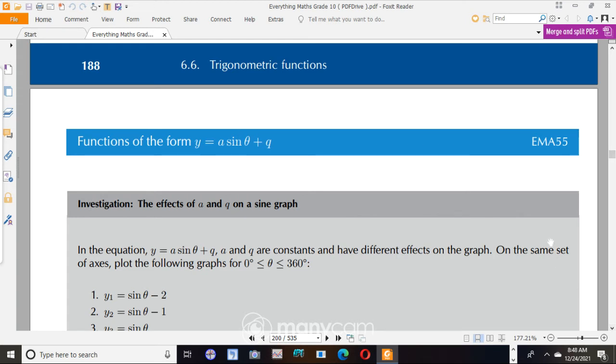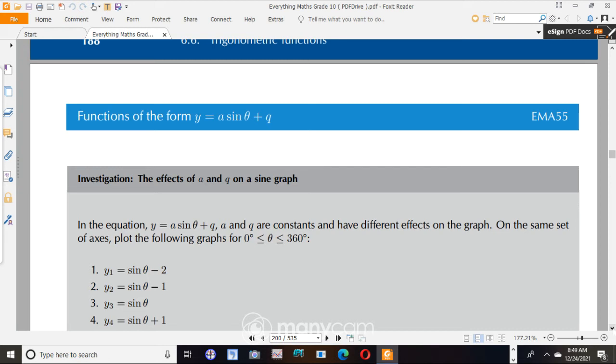In the previous one, a is 1 and q is 0, so we don't have q at first, no effect. But here a can be different from 1, and q can be different from 0, so the general form is y is equal to a sin theta plus q.